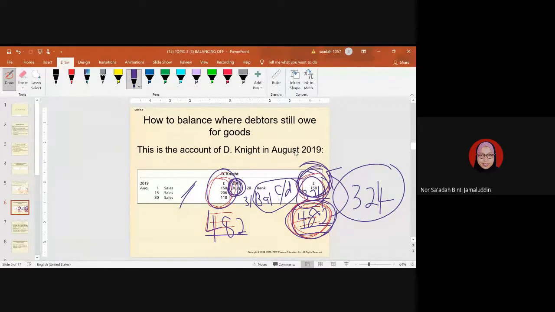You must bring your balance CD here. Okay, sini. So you must record it as a balance brought down. Kaki bawah-bawah. You put 482, bukan 482. You put 324. Same figures as the balance carried down, 324.